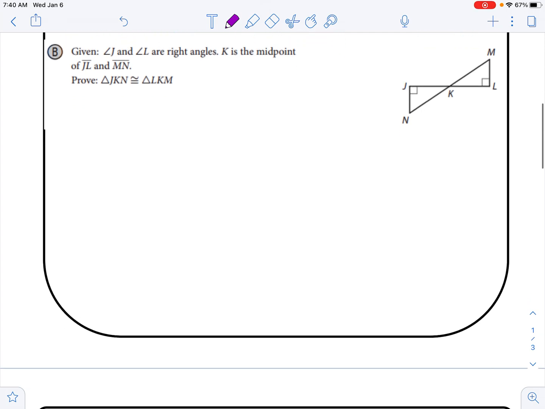If we look at it, it says angle J and angle L are right angles. I always start with that. So I know angle J and angle L are right angles, because that is given to us.